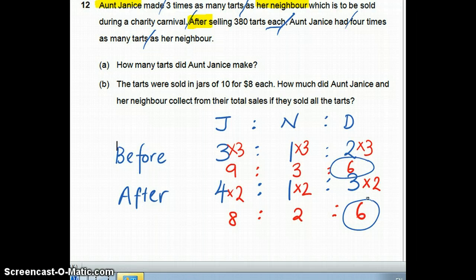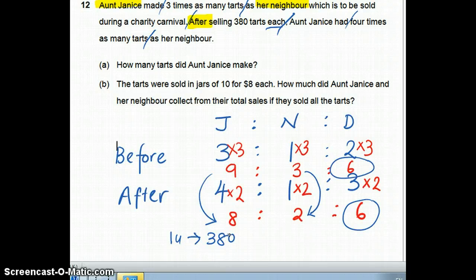So, before, Aunt Janice had 9 units. Now she has 8. The neighbor had 3 units. Now she will have 2. They should result in the same difference because they sold the same number of tarts each. So 1 unit is actually 380.